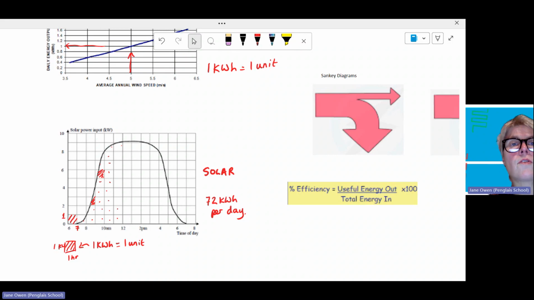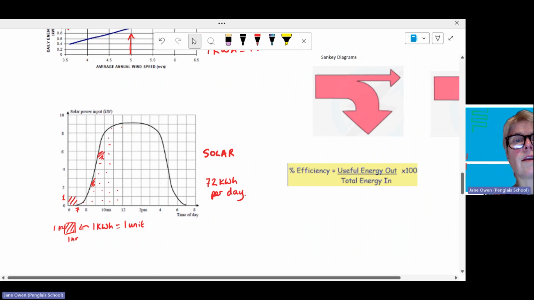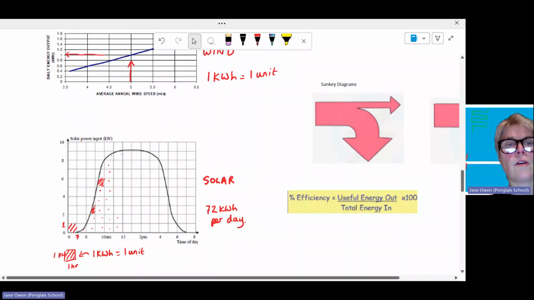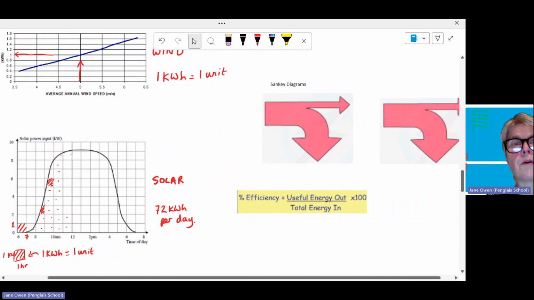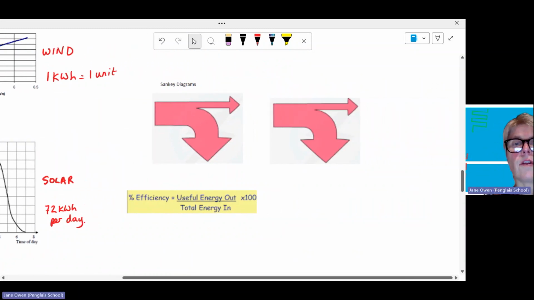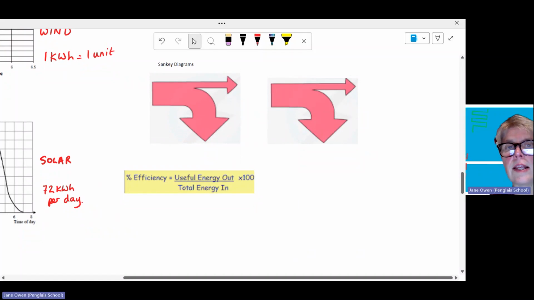So it's not as straightforward as you think, getting wind turbines and solar, but it does all help your general bills.